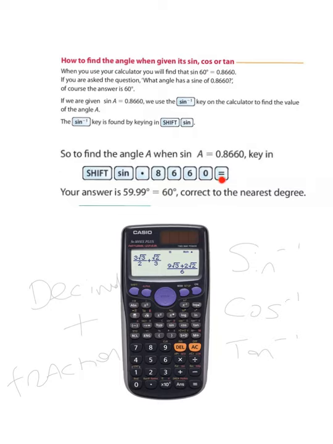Press the equal button and you'll get your answer on your screen to be 59.99 degrees, which is 60 degrees correct to the nearest degree. So when they give you the trig ratio in decimal or fraction form, we must use the inverse sine, cos and tan. And to get that, you must press shift before sine, shift before the cos, and to get inverse tan, shift before the tan.